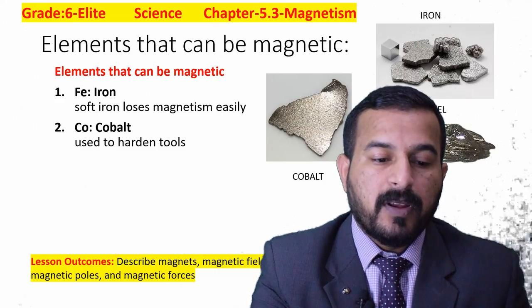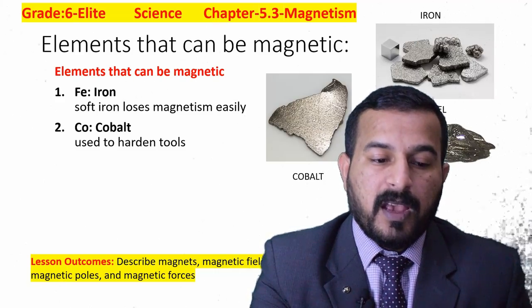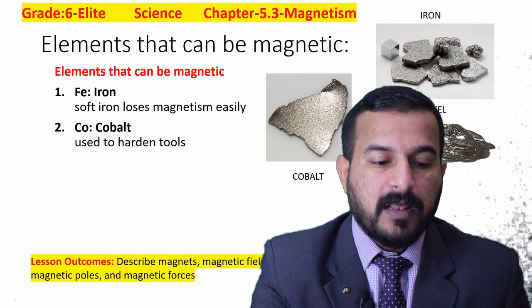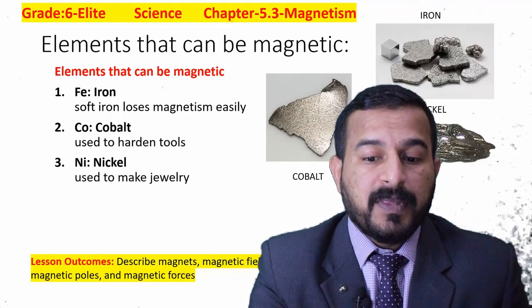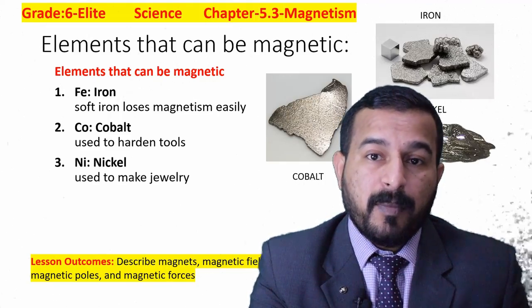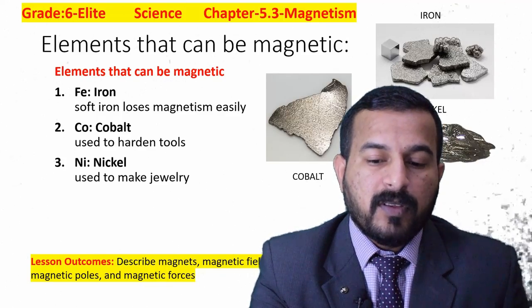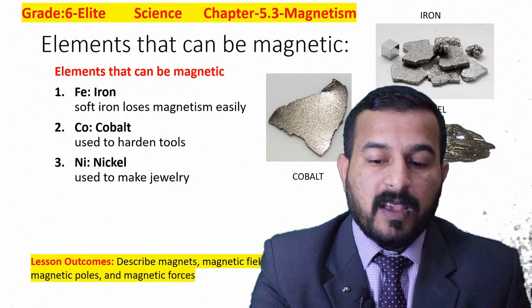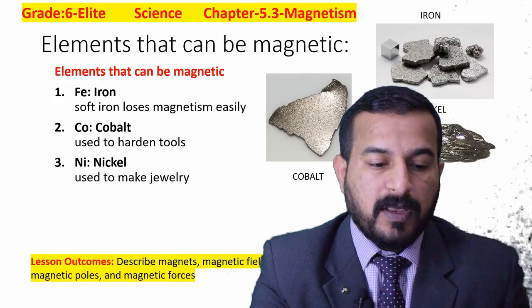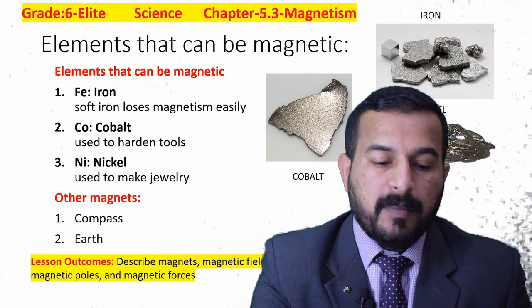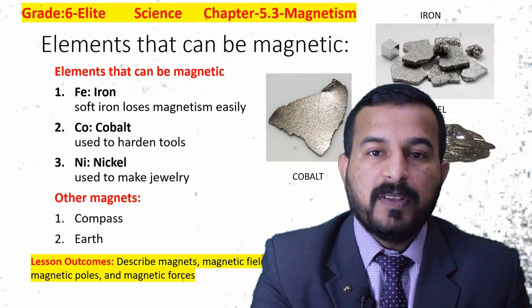It's famous for its hardening property, and this is also a ferromagnetic material. The third one is nickel. Nickel is also a ferromagnetic material which can be used to make jewelry, because as you can see on the screen, it has a very shiny property.